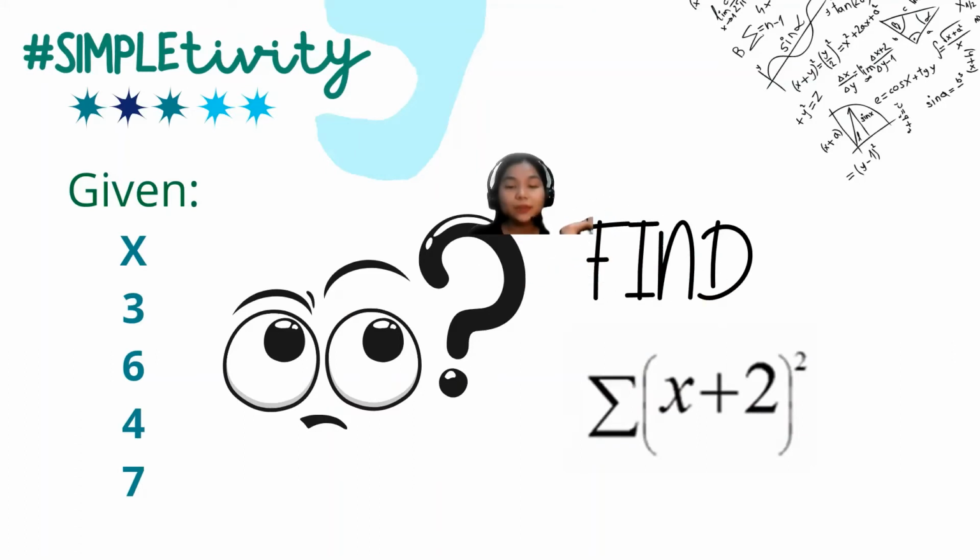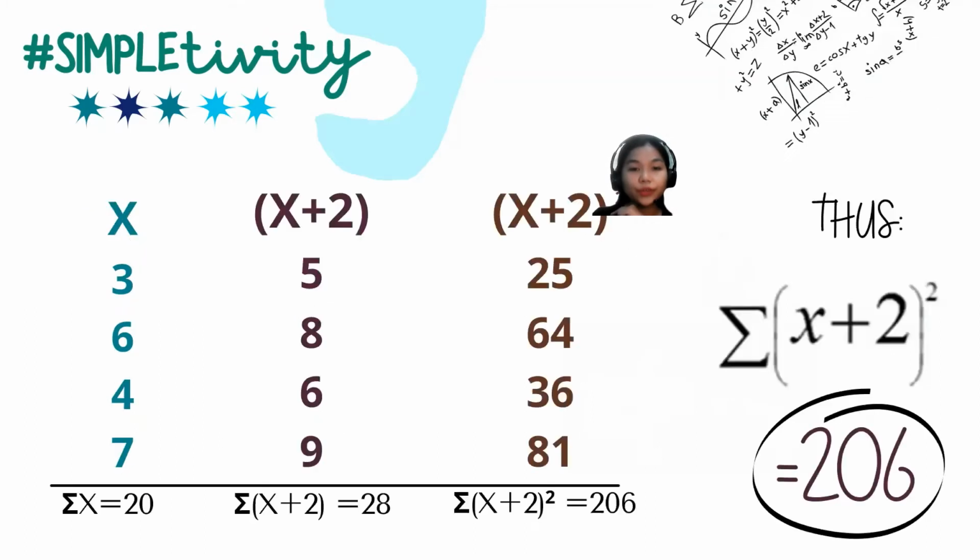So how to get this one? We simply substitute the values of x to this notation. First, we need to get the values of x plus 2. So 3 plus 2 is 5, 6 plus 2 is 8, 4 plus 2 is 6, and 7 plus 2 is 9.